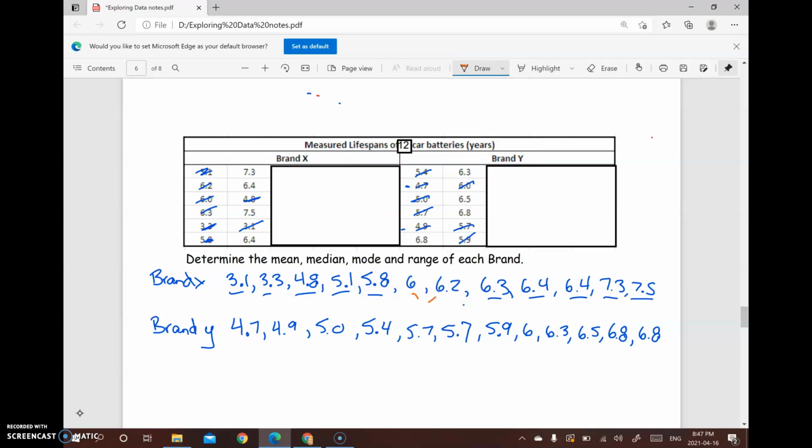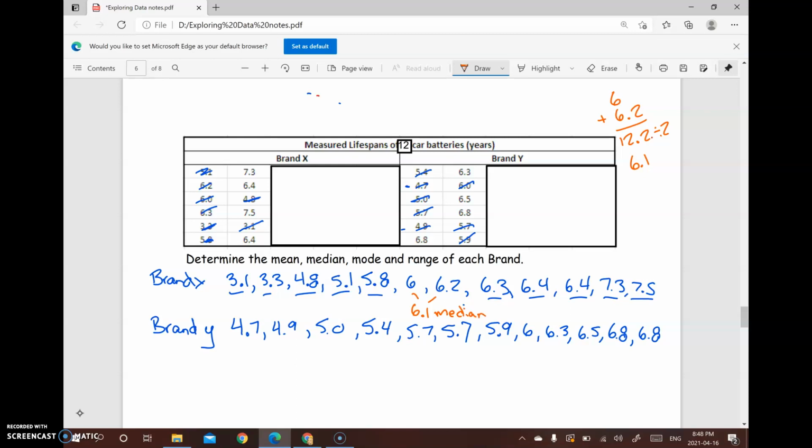I need to find the middle number between 6 and 6.2. In this case, it's 6.1. But if you weren't sure how to calculate that, you would take 6, add 6.2, you'd get 12.2, and then you have to divide by the amount of numbers that are there. So you divide by 2, and you get 6.1.